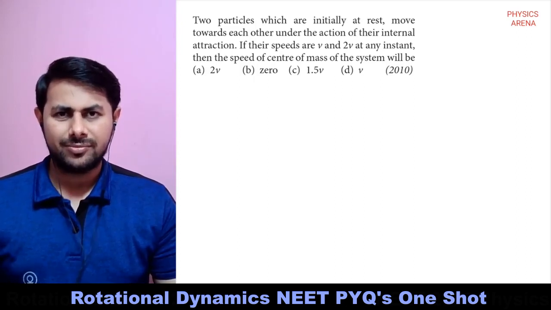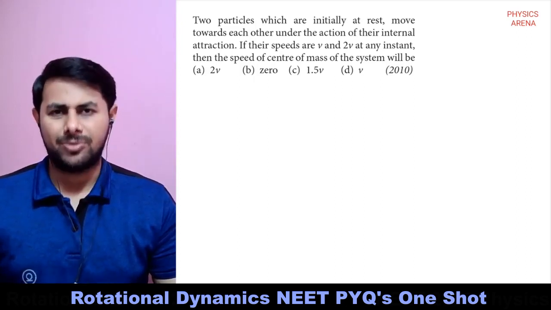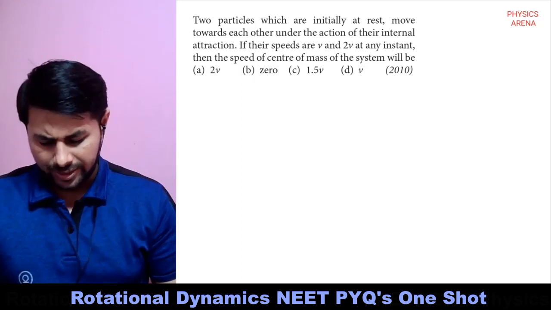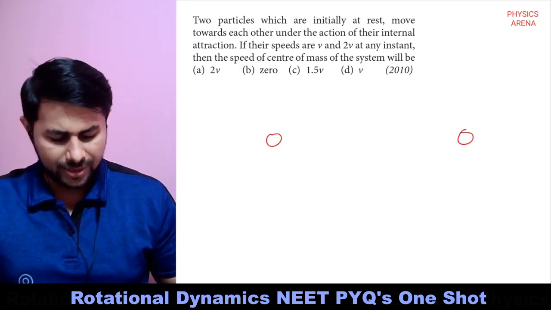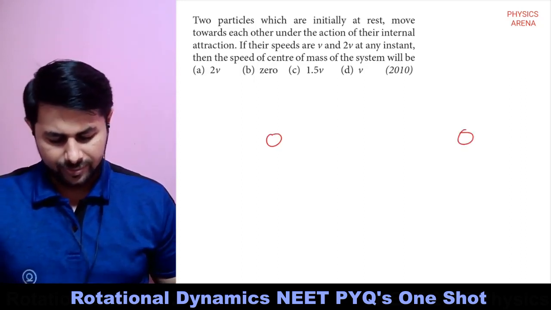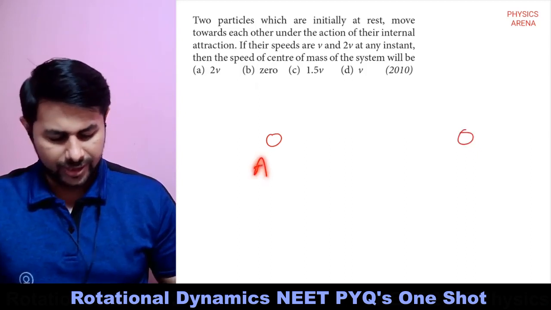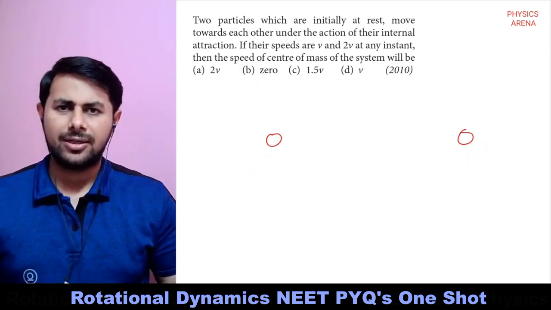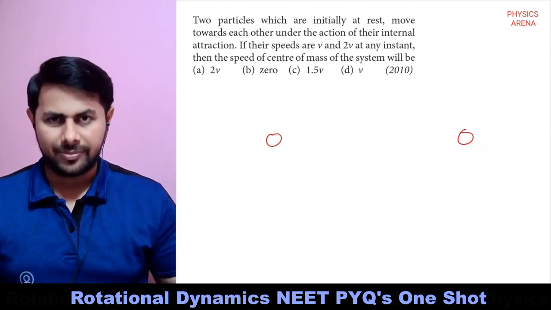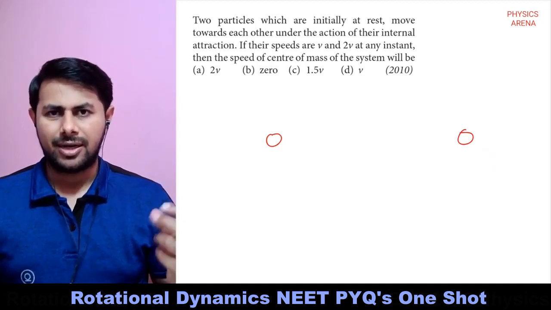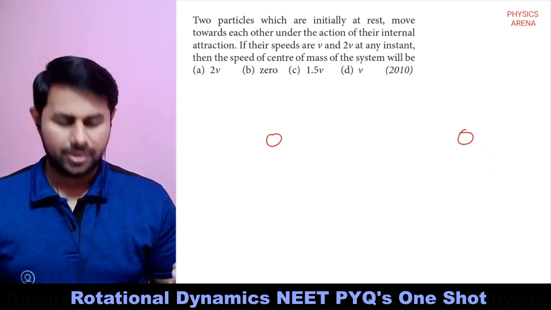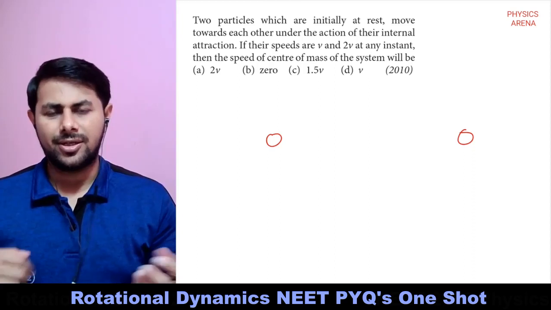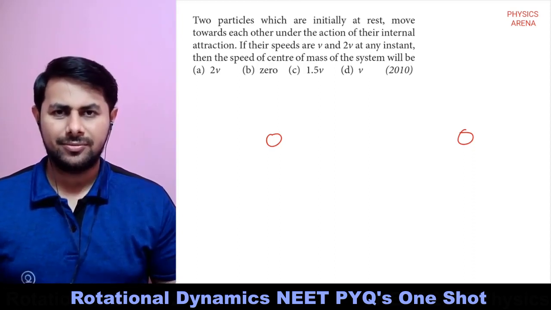They are moving by the action of internal force. Let's suppose these are two particles initially at rest. This is at point A, this one is at point B, and there is gravitational attraction between them. So it is the mutual attraction.